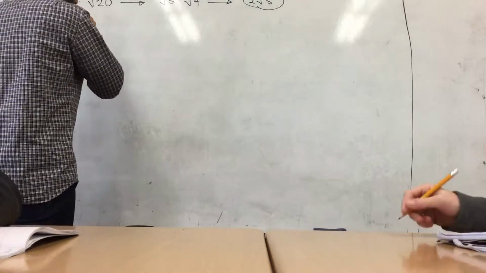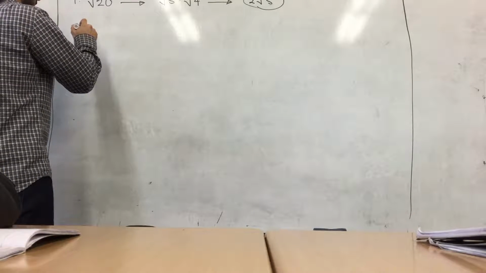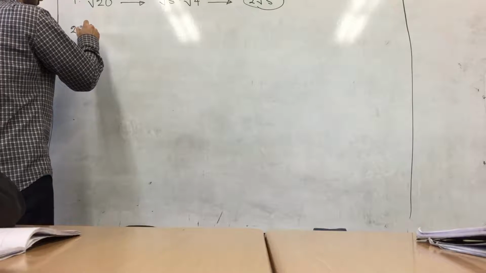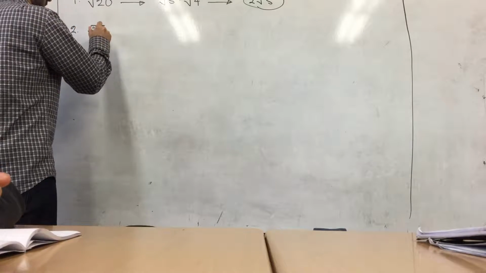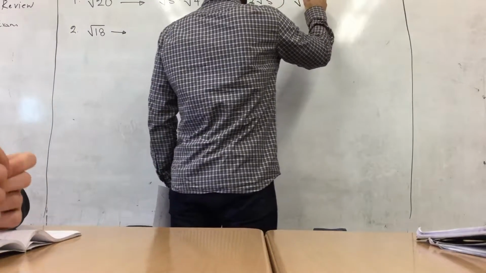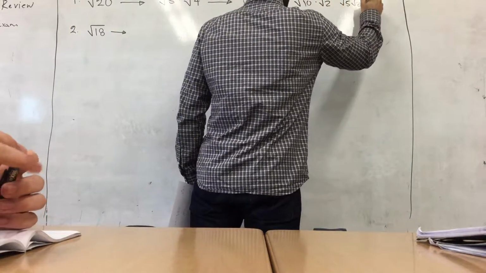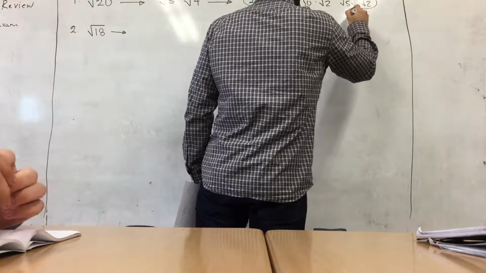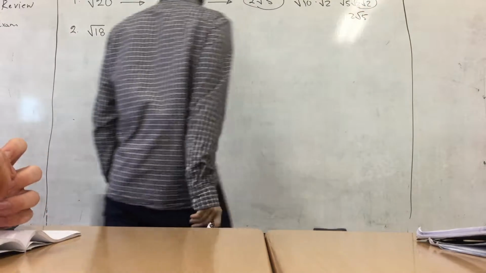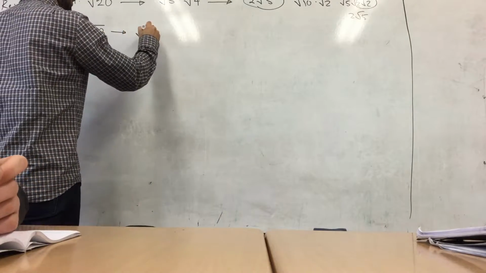You said you get 5 and 10. How do you do 2 and 10? Then you'd have to split up the 10 into 5 and 2. The hat will come off, and then these 2 just become 2.